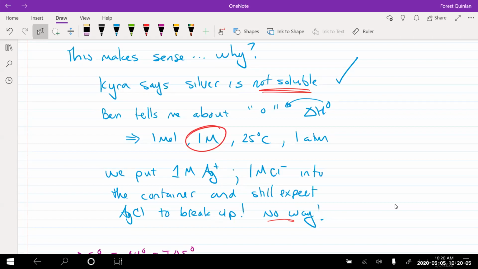So does that mean that at the concentrations such that it does break apart, we do have some of it breaking apart, is the delta G different? Yeah.